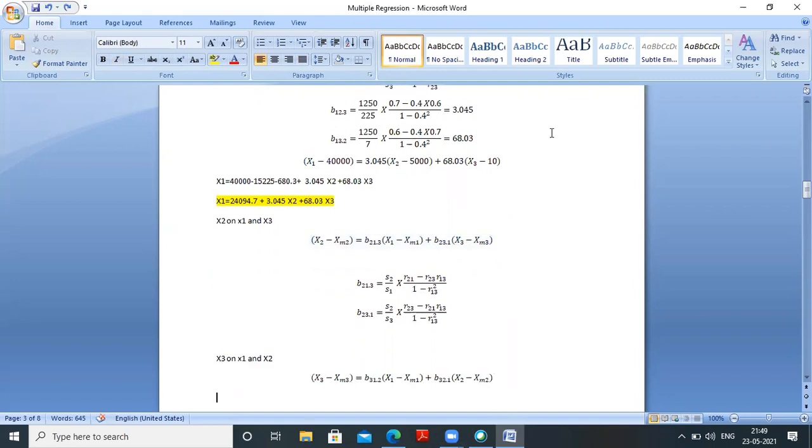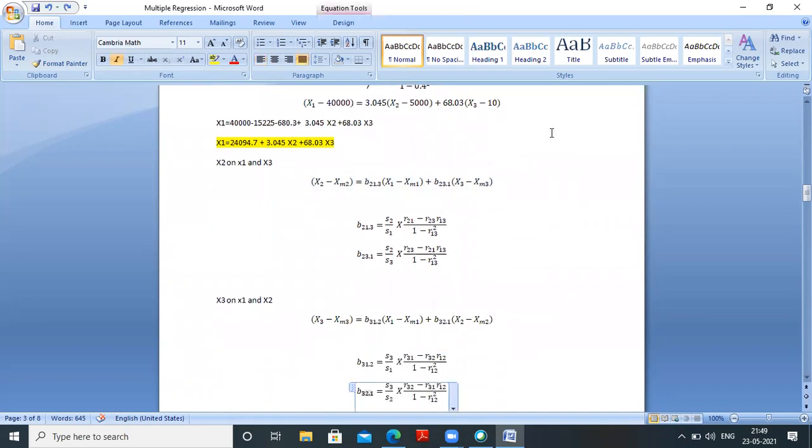Then similarly, we can calculate x3 on x1 and x2. Here the regression coefficients will be b31.2 and b32.1.